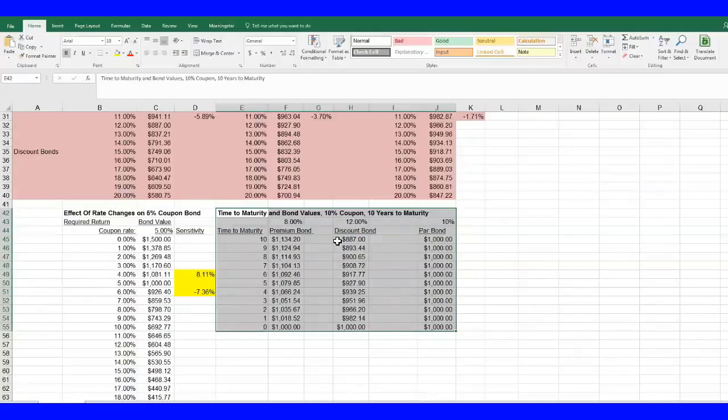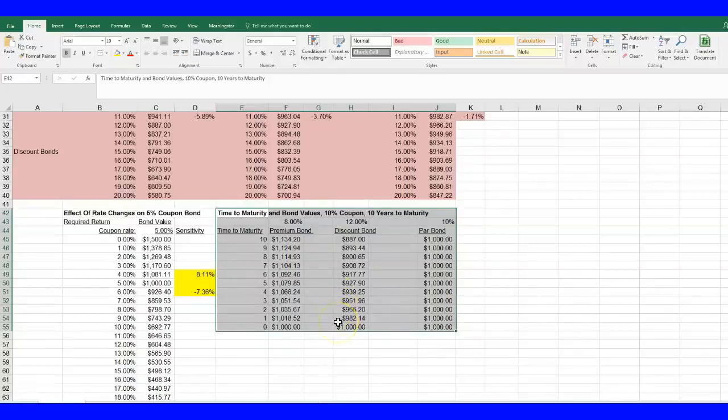But notice what happens to this bond value as maturity decreases. As we go from 10 years left to maturity to only 9 years, the value of the bond increases from $887 to $893. And then as it increases to 8 years, 7 years, 6 years, at 5 years to maturity, when the bond has only 5 years left to maturity, it has a value now of $927.